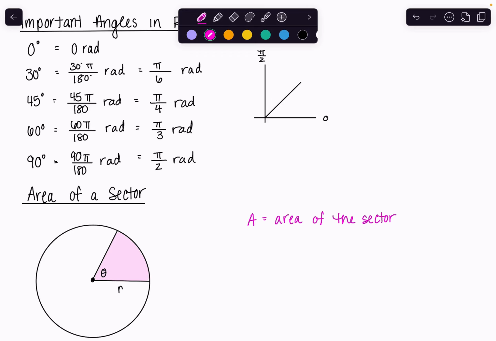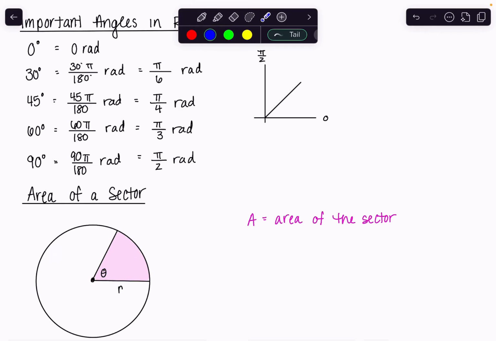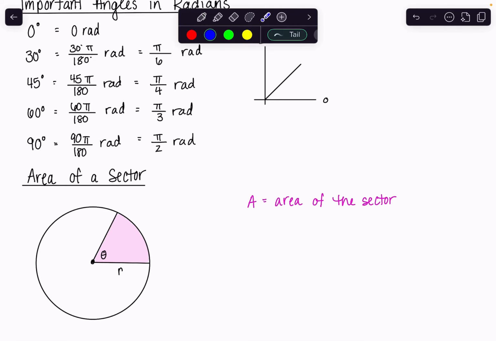So if I look at the ratio of this area over my total circle, I can find that. And we're going to compare that to basically this angle to the full angle.